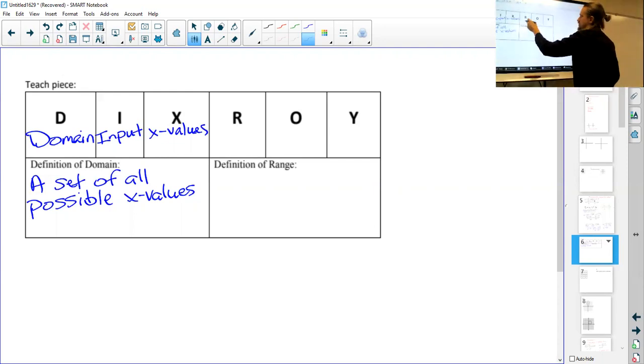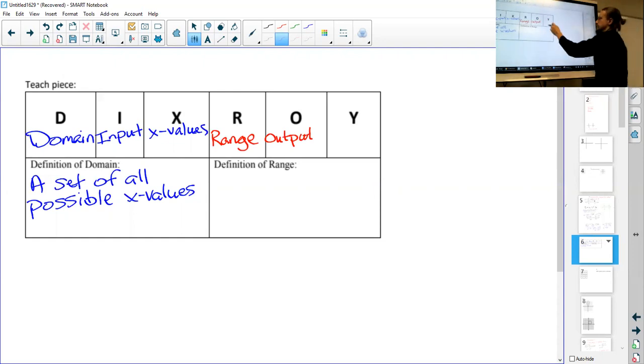And on the other side is just range. So R, of course, is range. O is the opposite of input, output. So everything that comes out of your function is the range. And then Y just stands for Y values or Y coordinates.